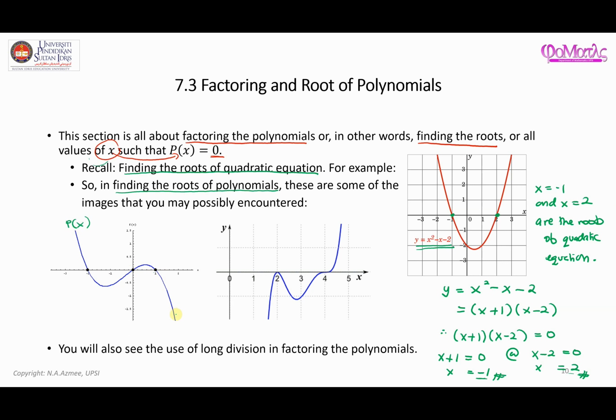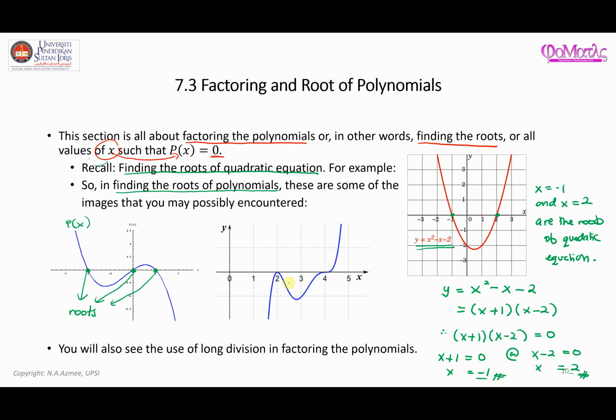So based on this graph, I think you can clearly see when x is negative 2, px will be 0. When x is 0, the value of the function is also 0. And when x is 1, it is also going to be 0. So we said that these are all the roots of px. Okay, roots of polynomial function.